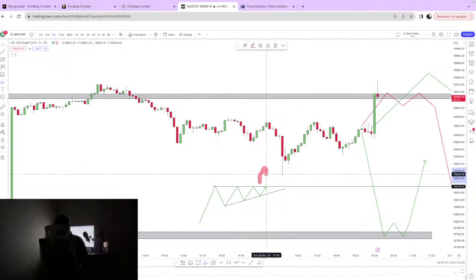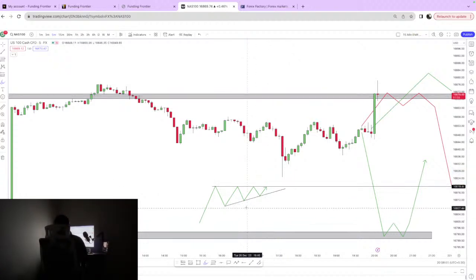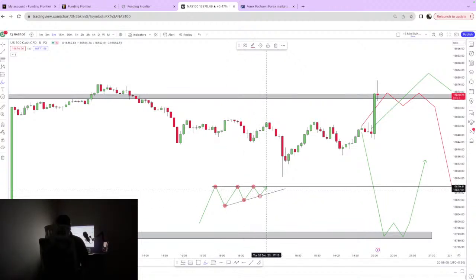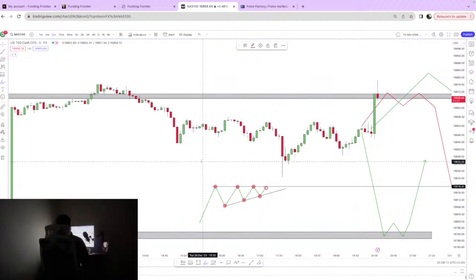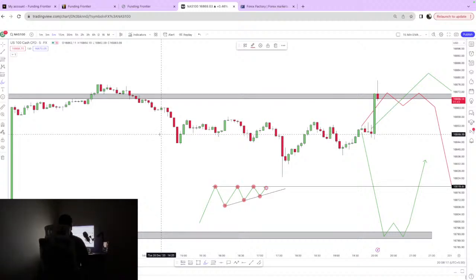So the correct answer is upwards. That same thing only: buyers and sellers, pressure and power, right? Very simple one.